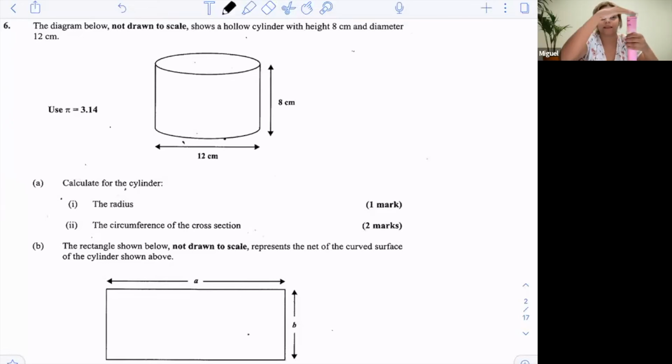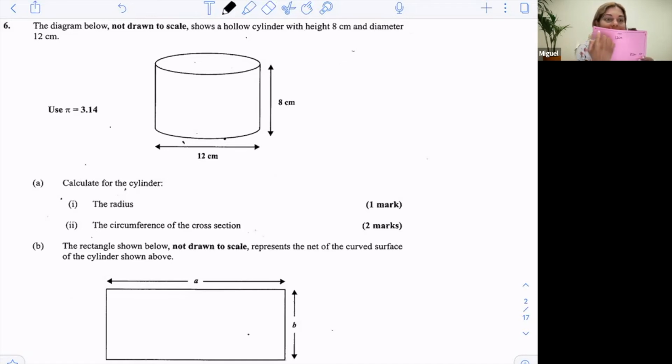This is my cylinder here. It has a circle here, right? Now, when I open this, it forms a rectangle, not so?